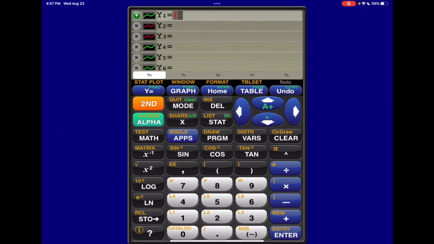For the numerator in parentheses, we need x squared plus 5x minus 6. Put that in parentheses, divided by the denominator, also in parentheses, which would be x squared plus 7x plus 12. Close the parentheses on that. Then we'll graph it and see what's going on at those two discontinuities.